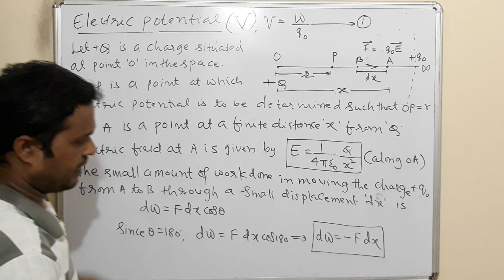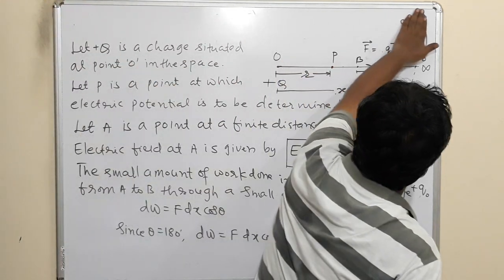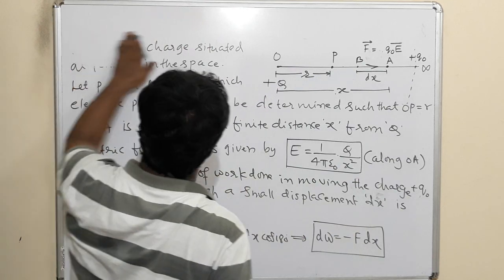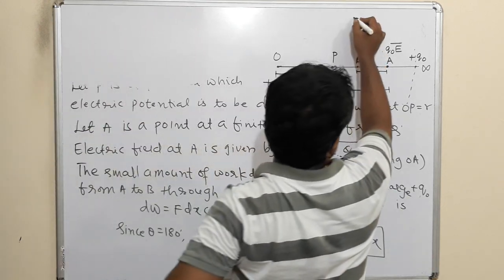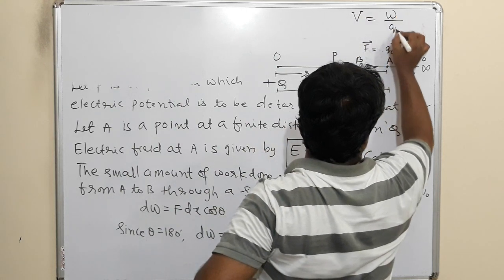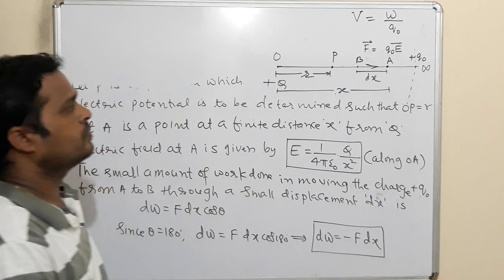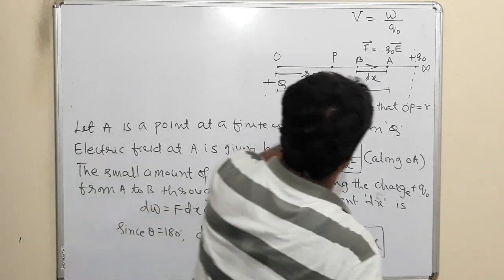Noted? Can I repeat? Okay. Let me calculate dW first, and we'll integrate this. You remember the definition of electric potential: by definition it is the amount of work done divided by Q naught. What is my dW now?